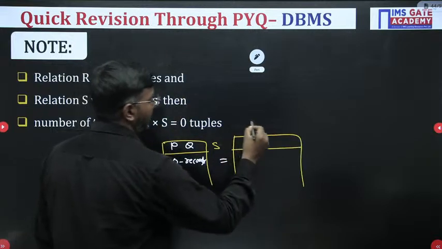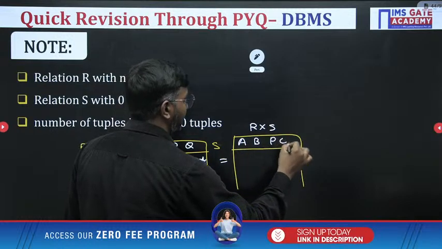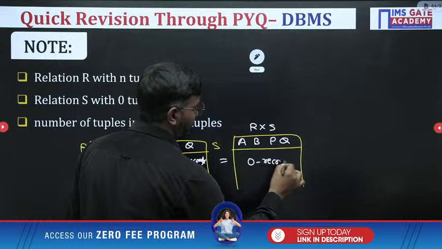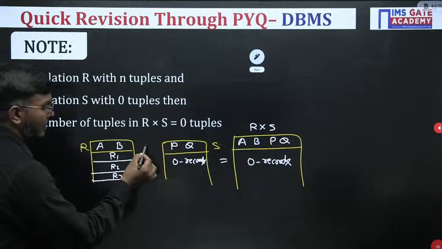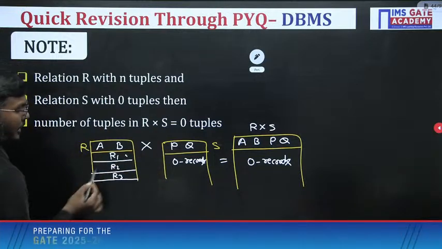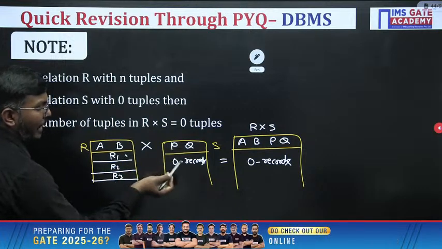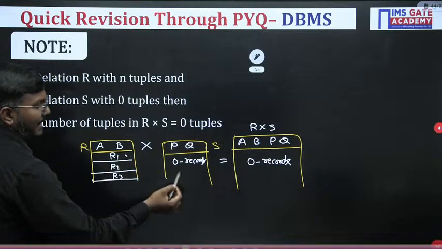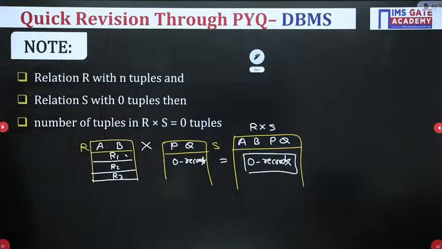The result has attributes A, B, P, Q, but 0 records. Why? Because as per the definition, each record of R will be paired with every record of S. But do you have any record in S? No, we have 0. It means we are unable to pair R with any record of S, so finally the result of R cross S will be 0 records.